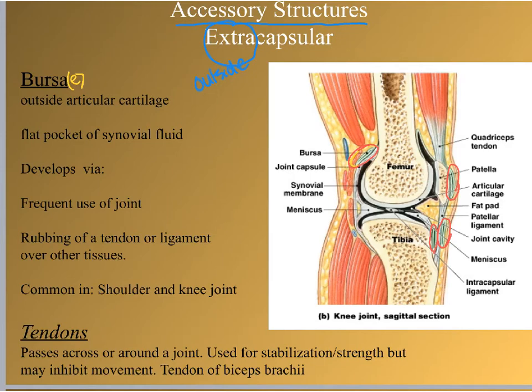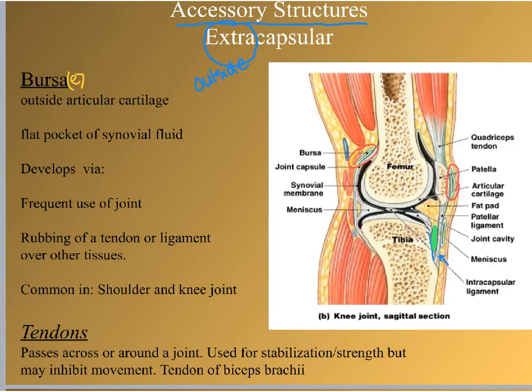So let me erase that because I just kind of drew all over what I wanted to show you here. So here is, for instance, the patellar ligament, and then just deep to that patellar ligament, that's bone right there, right? So there's a little cushion of a bursa right here to prevent that direct rubbing of that tendon on the bone.